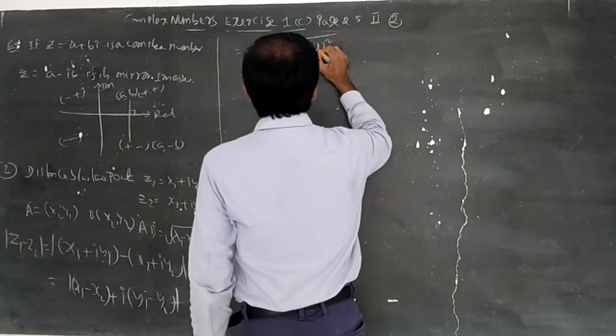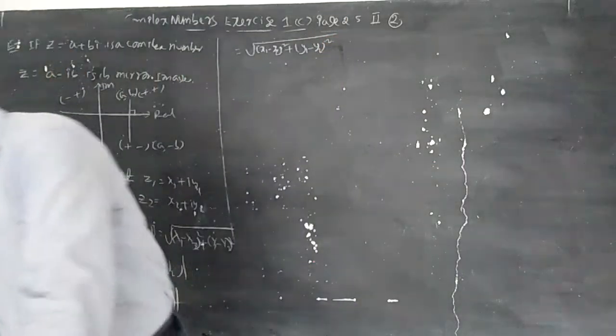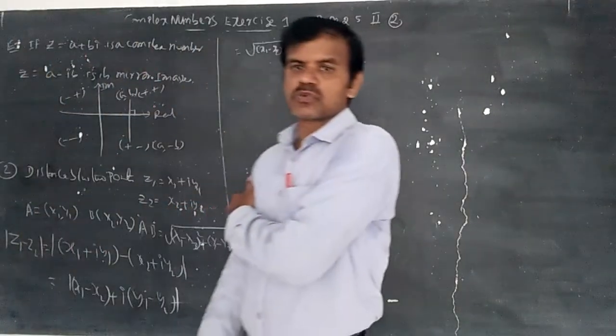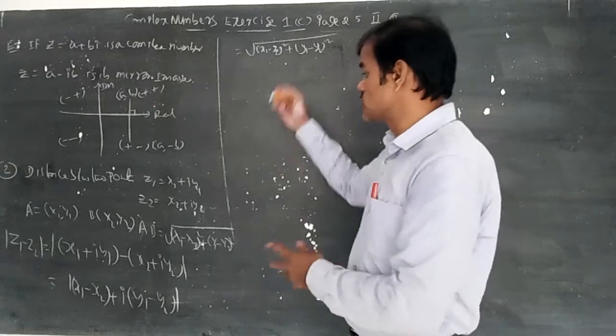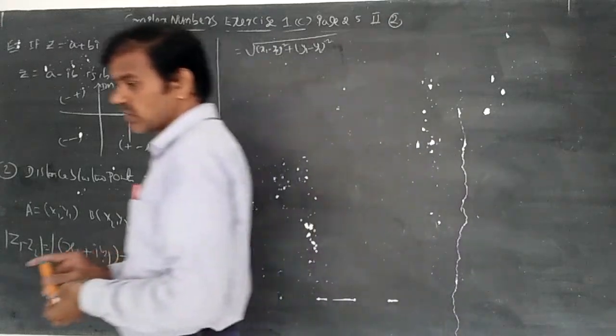General notation, everyone used to say root of x2 minus x1 whole square plus y2 minus y1 whole square. Of course, x1 minus x2 whole square is nothing but x2 minus x1 whole square, and y1 minus y2 whole square is nothing but y2 minus y1 whole square.